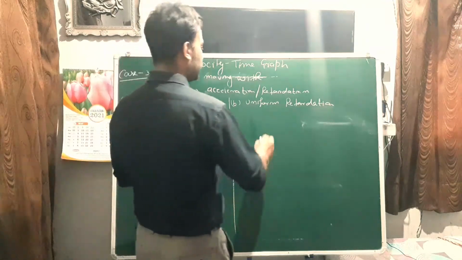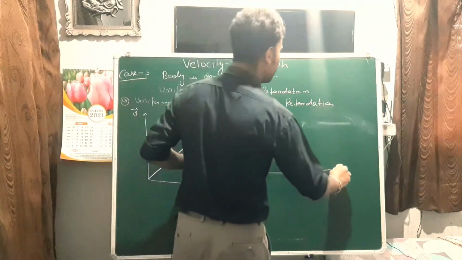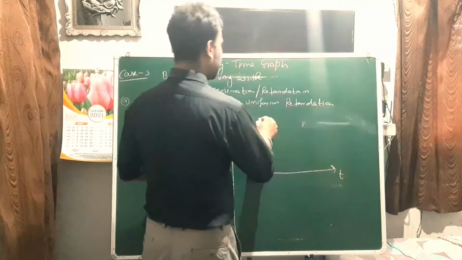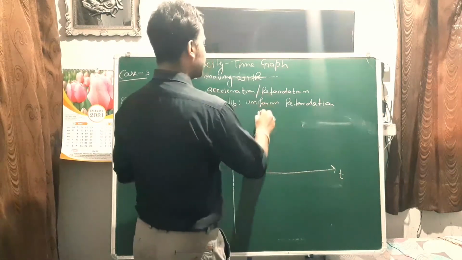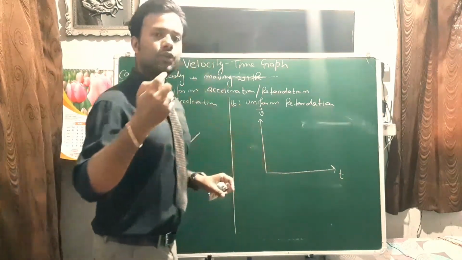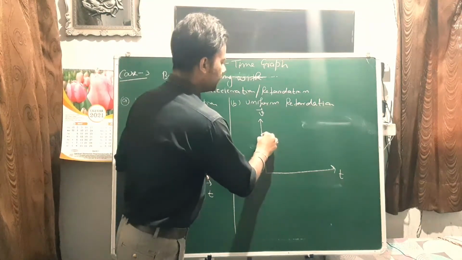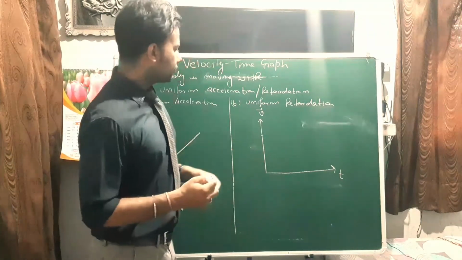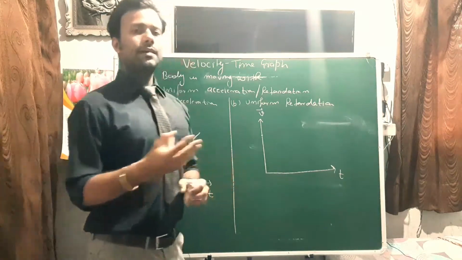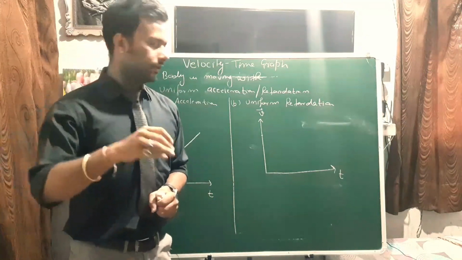Okay, so the graph can be formed like this. This is time and this is velocity. Let's say the initial velocity of the body is here. It can be anything, right? Now as time passes, the velocity is decreasing.